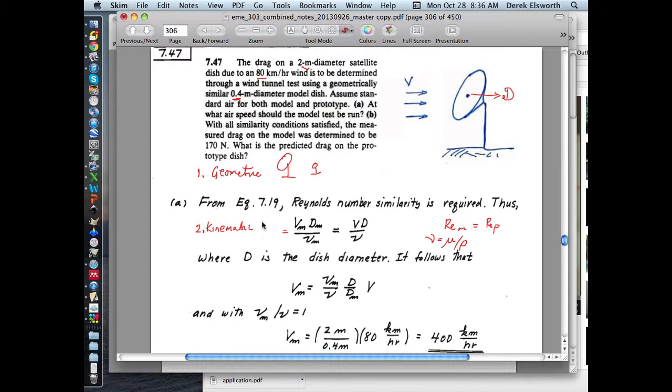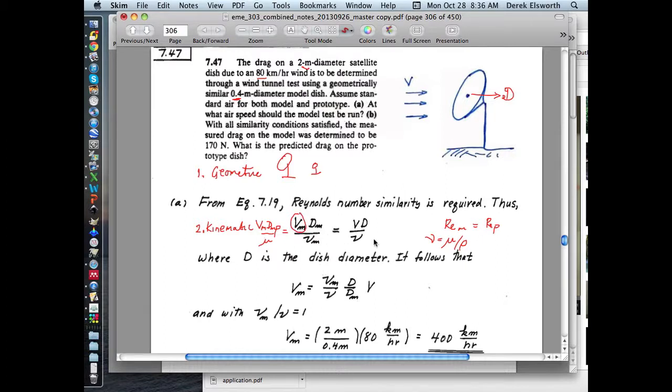This is just velocity of the model, length dimension of the model, and it would be viscosity and density of the fluid. So this is what our Reynolds number usually looks like. Velocity, density, characteristic length divided by viscosity. And if we use this different definition of viscosity divided by the density of the fluid, then we just look slightly different. And so the bottom line is that we want to choose a model velocity which satisfies this condition.